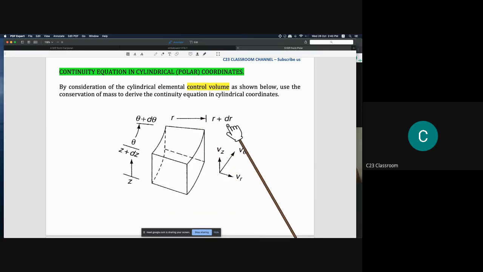It's a little bit tough because we have three axes which are not similar to Cartesian. For cylindrical or polar coordinates, we have the r axis like this, and then the theta axis, as I already explained previously, and at the same time we have the z axis, meaning the thickness of the molecule.